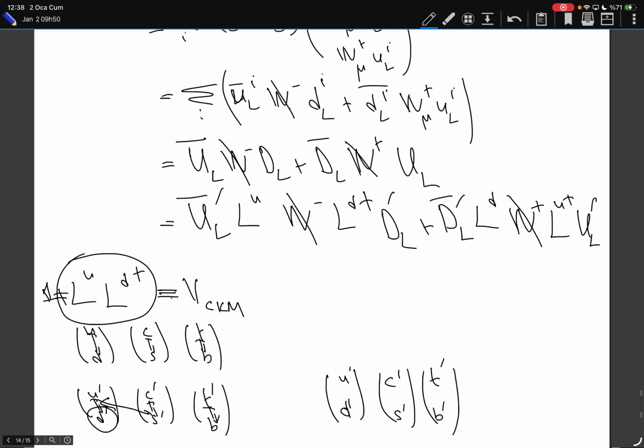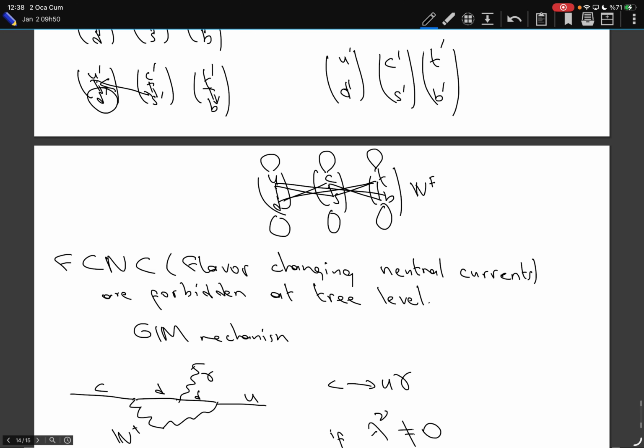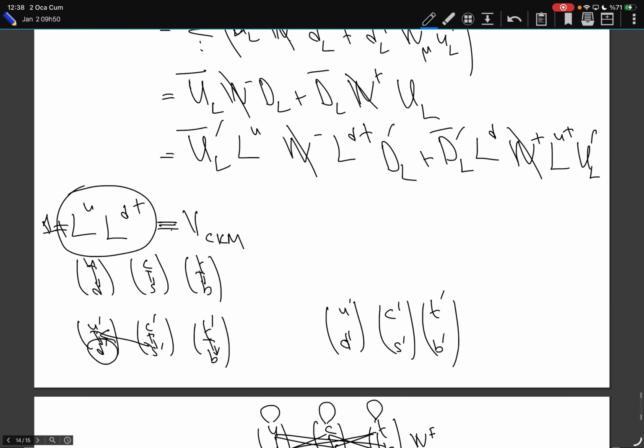Well, of course, I know that the down type quarks are massive. They're definitely massive. So I cannot do this in the quark sector. But for a long time, we believed that the neutrinos were massless. So let me just copy this, in fact.